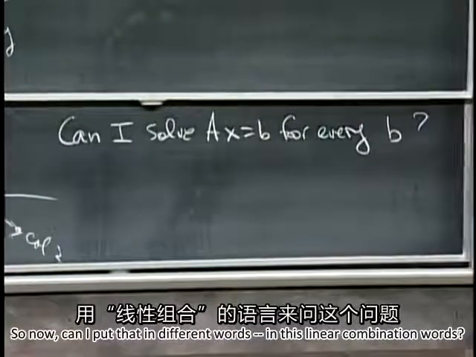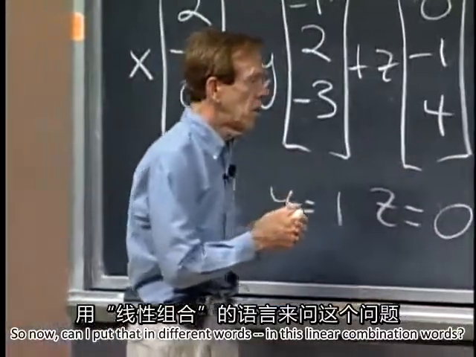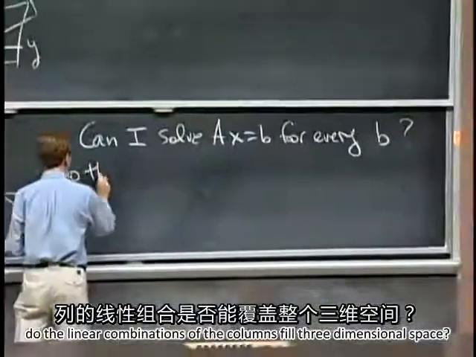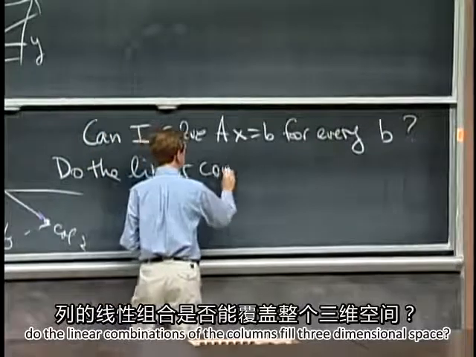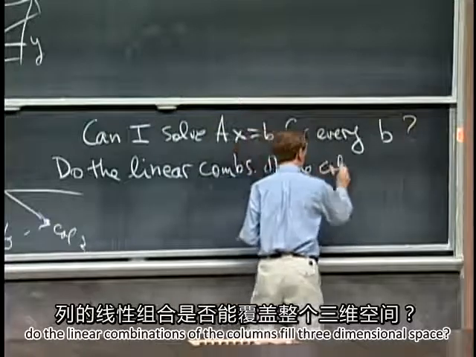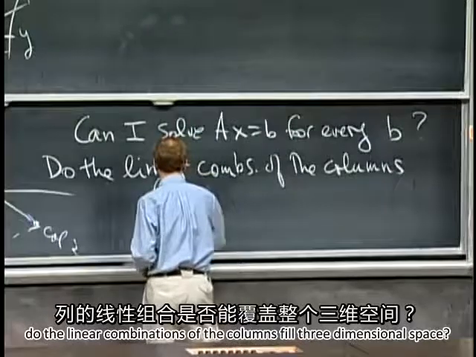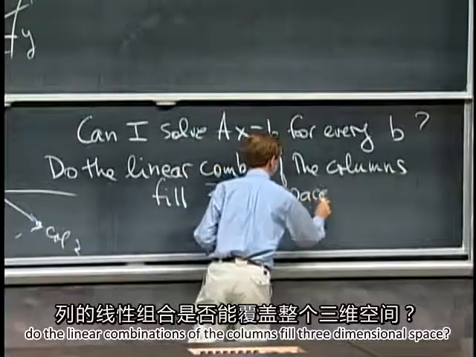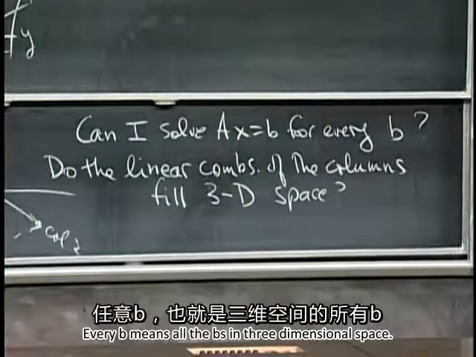Now, can I put that in different words, in linear combination words? Do the linear combinations of the columns fill 3-dimensional space? Every B means all the B's in 3-dimensional space.